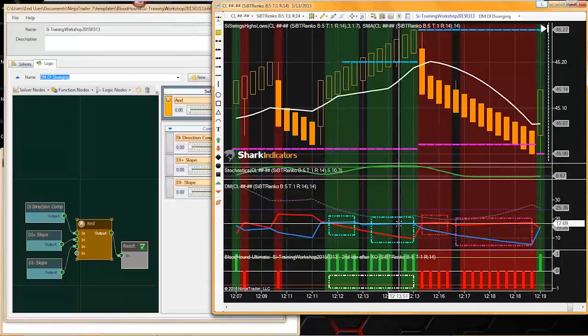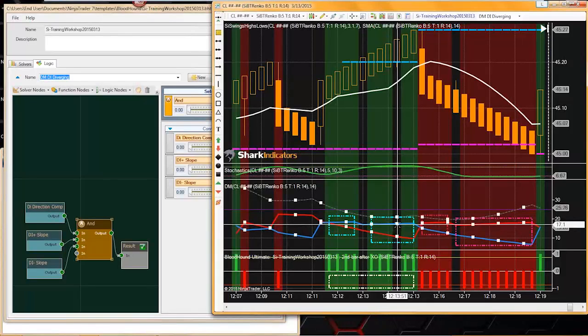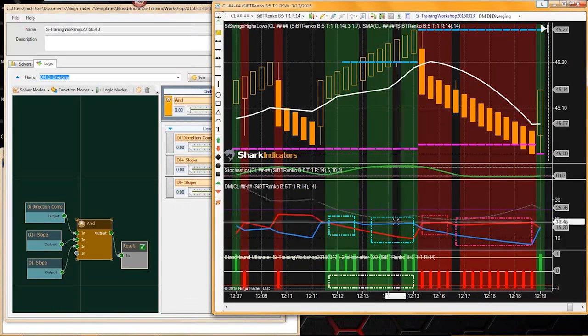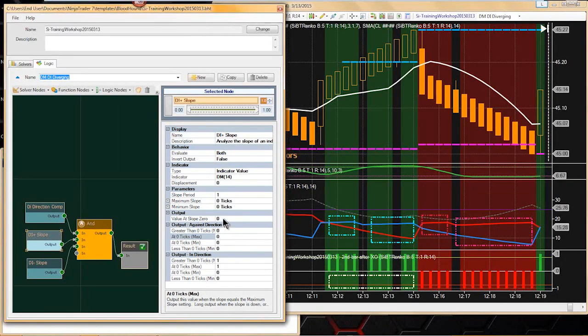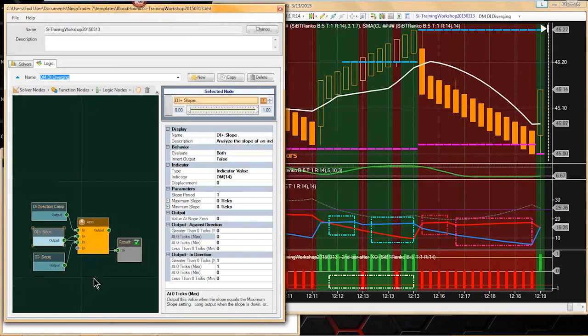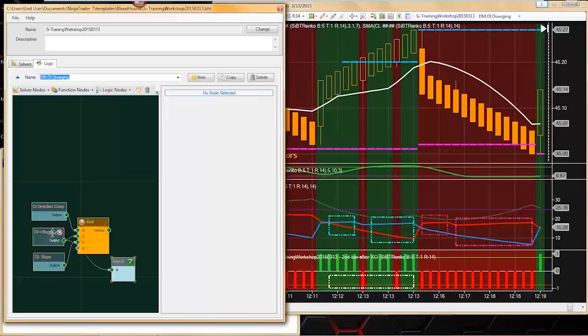It looks like we got one bar where our DI plus is completely flat. Let me take a look at that DI plus slope. Oh, actually, wow, look at that. It actually sloped down a tad bit.